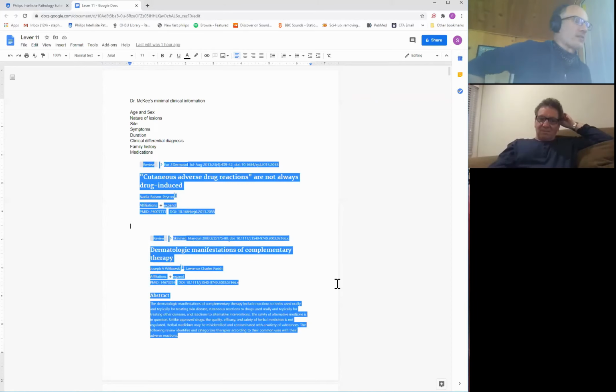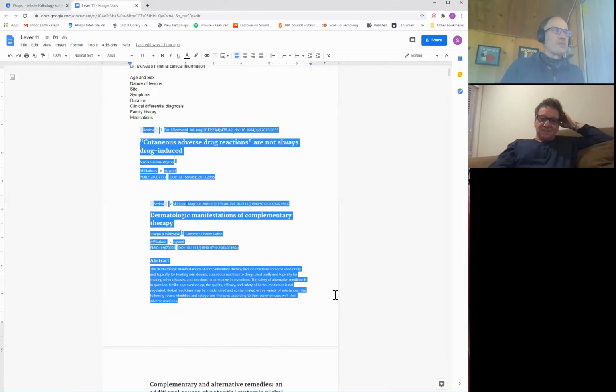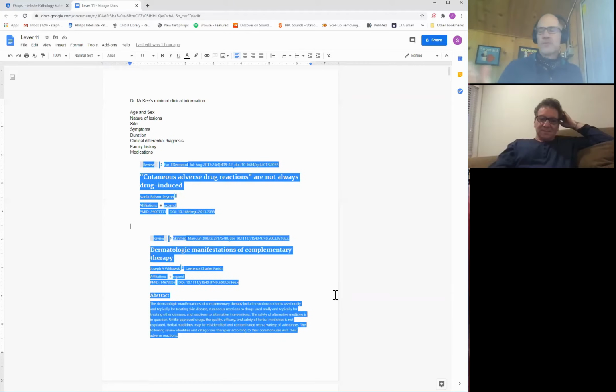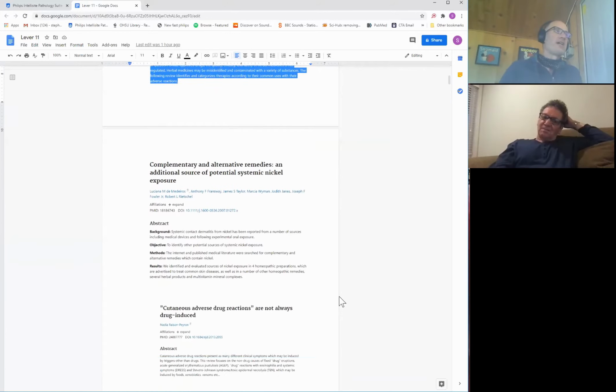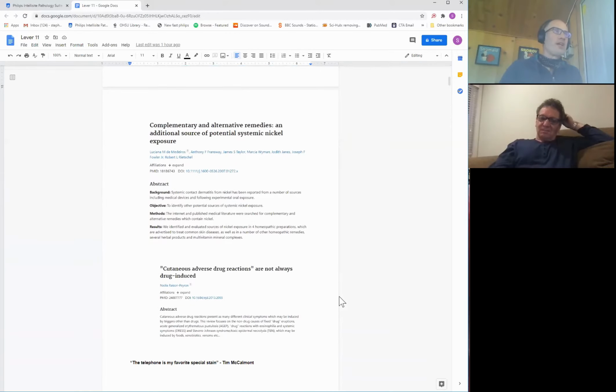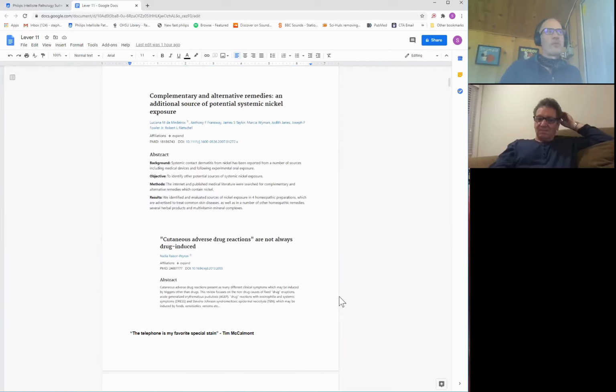So this particular paper was talking about herbs and alternative medicine, and there's some figures that quote up to 40% of the population now uses what gets called complementary and alternative medicine, and those are unregulated substances by the FDA, and they're really important.